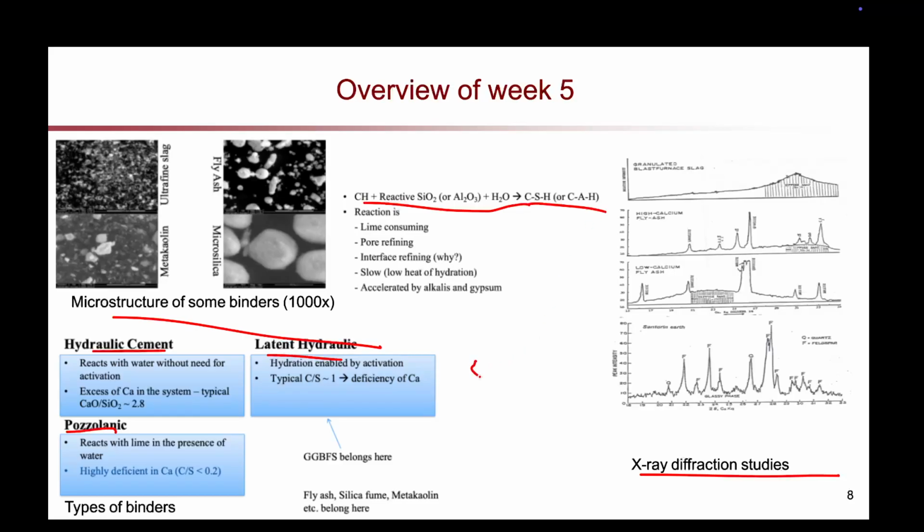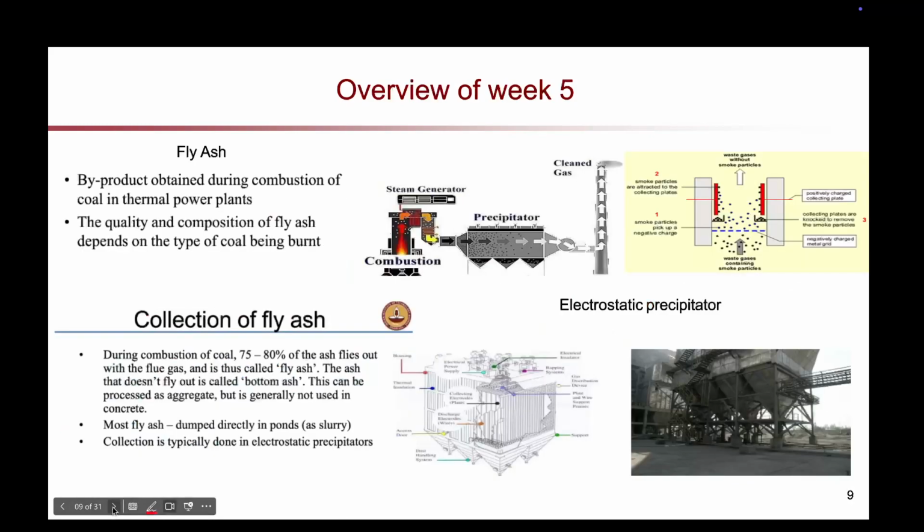We know that whenever calcium hydroxide is present in our OPC system, it reacts with water and with silica, SiO2, to form CSH. The same equation is given. So if you have more reactive silica, more CSH will form. The reaction is lime consuming and pore refining; all these things are already given in the slides. You can go through it.